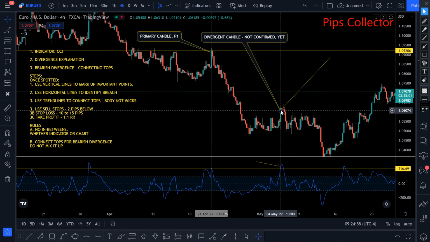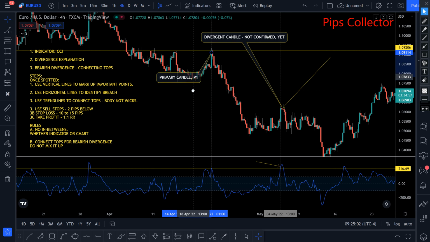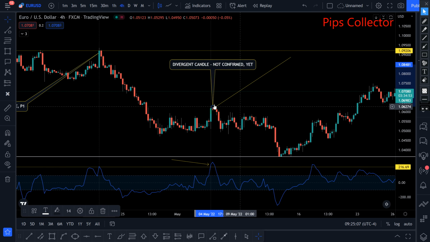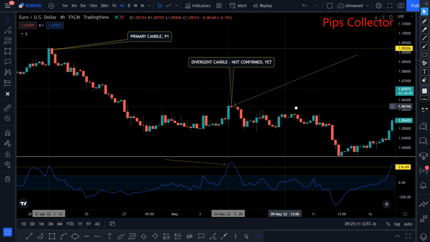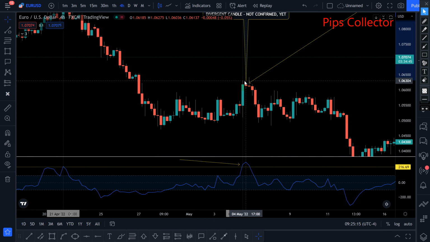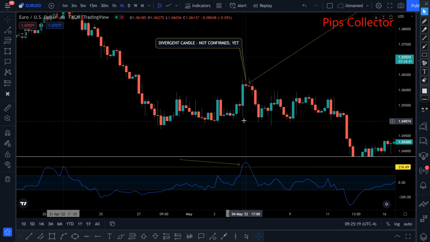We move our divergent candle to the next one. Now let me do this. I want to zoom in so that you get a clearer picture of what I'm trying to do. So this bearish candle becomes our next divergent candle, not confirmed.